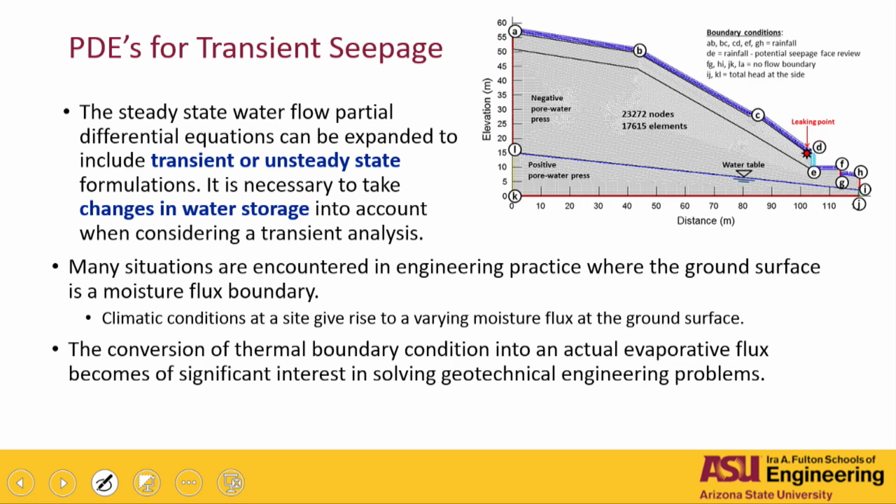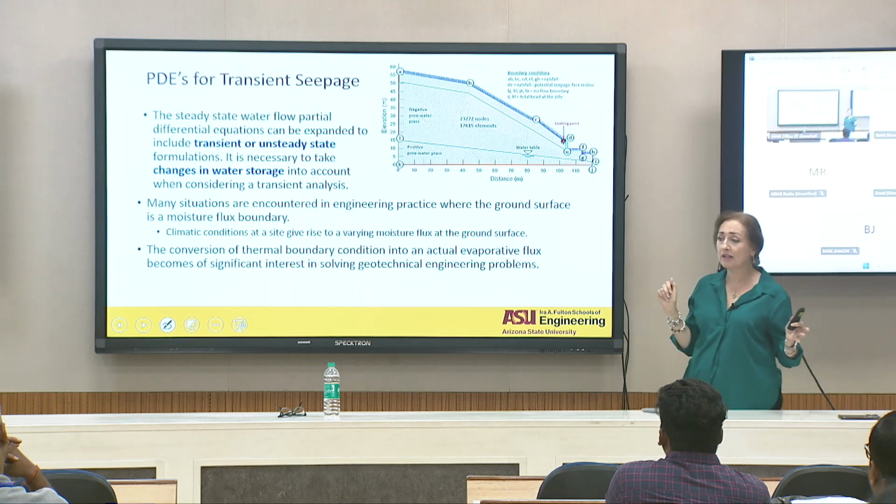Any change in one of the boundary conditions makes the flow continuously change with time. So we have, for example, boundary conditions such as rainfall on one side, you can have no-flow conditions on some other side, you can put a water table in between, or you can put a total head, for example.